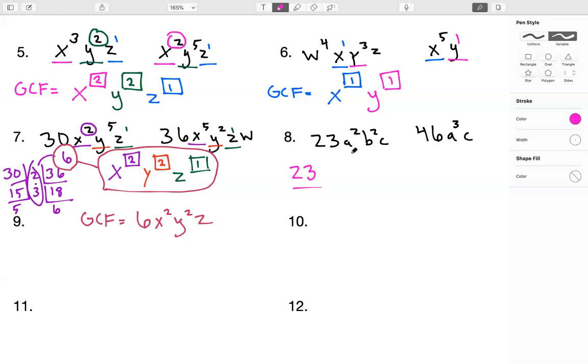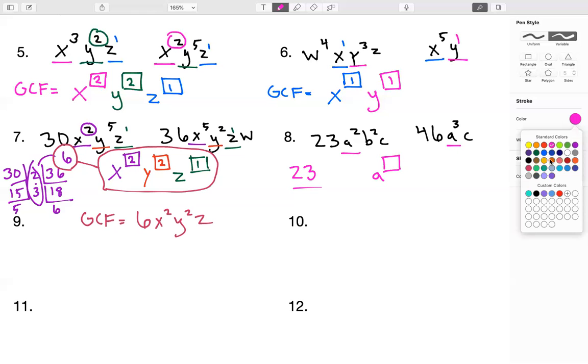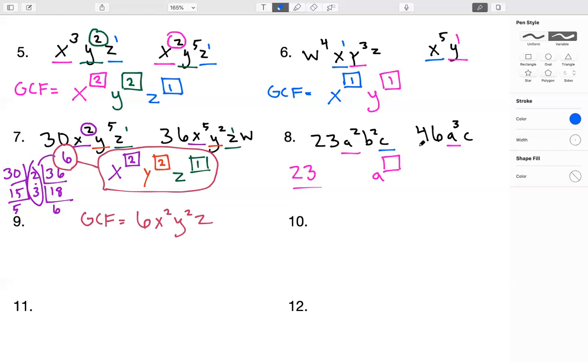And now we have to go to the variables. a squared, a cubed, a is in common, so I'm going to write a to the something. b, is that in common? Nope. c, is that in common? Yes. That's c to the 1, c to the 1. Since that's the same, I can just put a 1 in there.